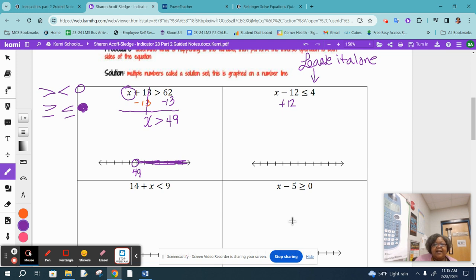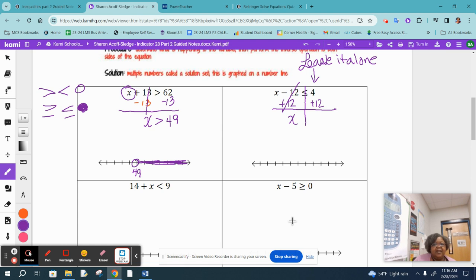Now look, don't write this. Some of y'all do this. That's on the same side of the inequality sign or the equal sign. Don't do that. So you got to do 1 on one side. If you still have to draw your line, draw your line. Okay, and then we're going to plus 12 over here. What happens to this minus 12 plus 12? What do I do? Draw a line through it, right?